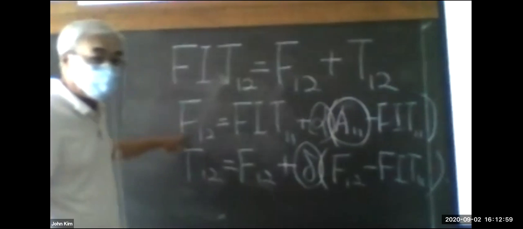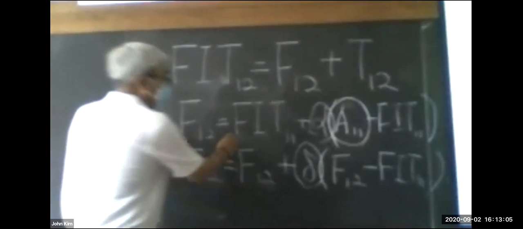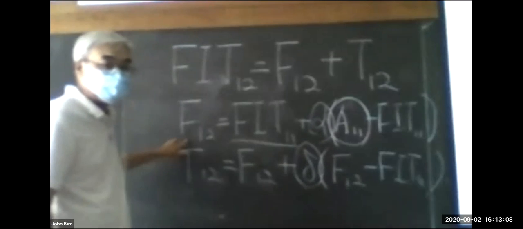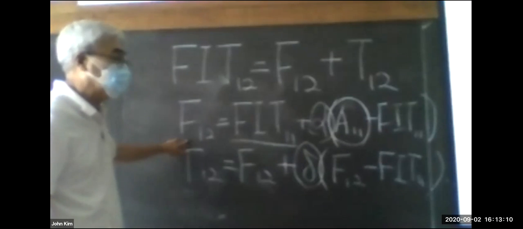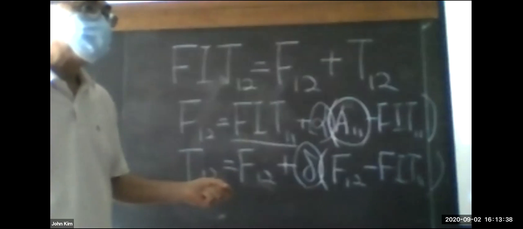To calculate F12, we need FIT11, but FIT11 is not given. What do you think? Can we solve this problem without FIT11? No answer. What do you think, class? No idea?